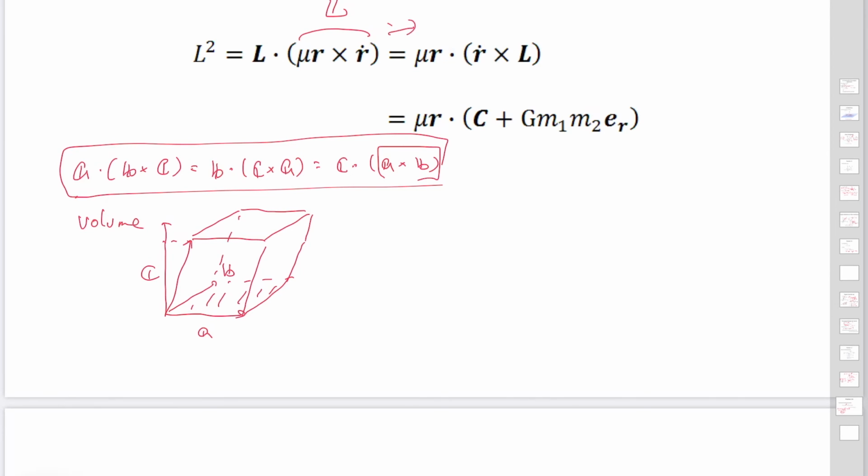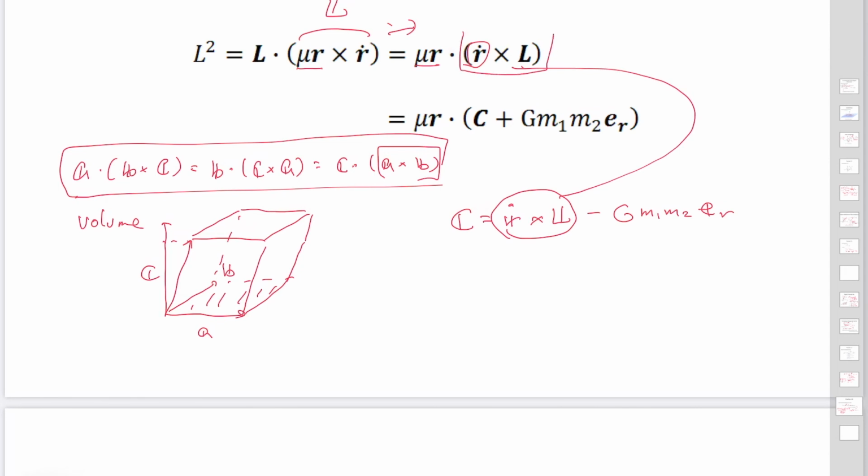So it becomes mu r. First, the r dot comes to here, and the L comes to here. We derive the constant C is equal to r dot cross L minus G m sub 1 m sub 2 e sub r. So this is exactly the same as before.